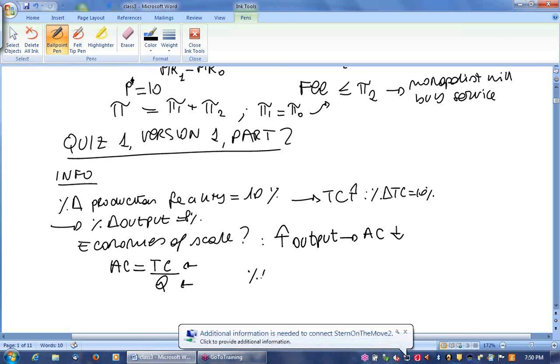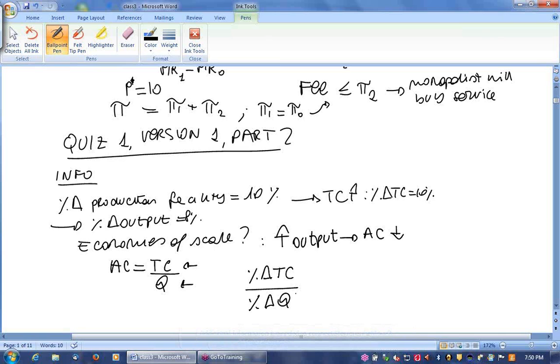So whenever the percentage change in total cost divided by the percentage change in quantity is greater than 1, this means that the average costs are increasing, right? Because the total costs are increasing more than the quantity.